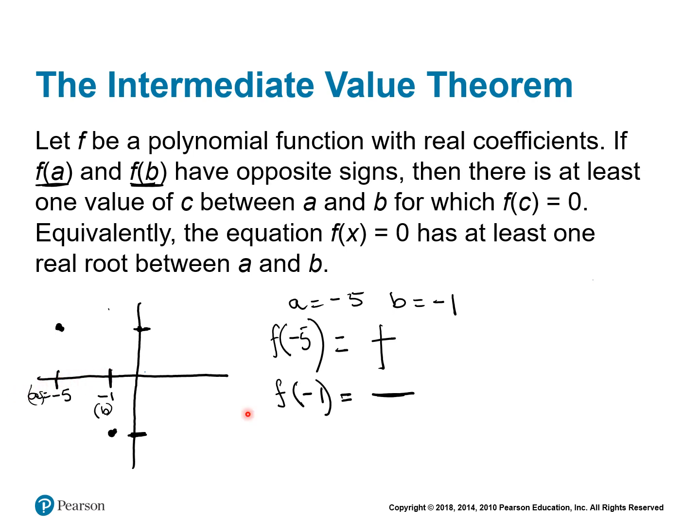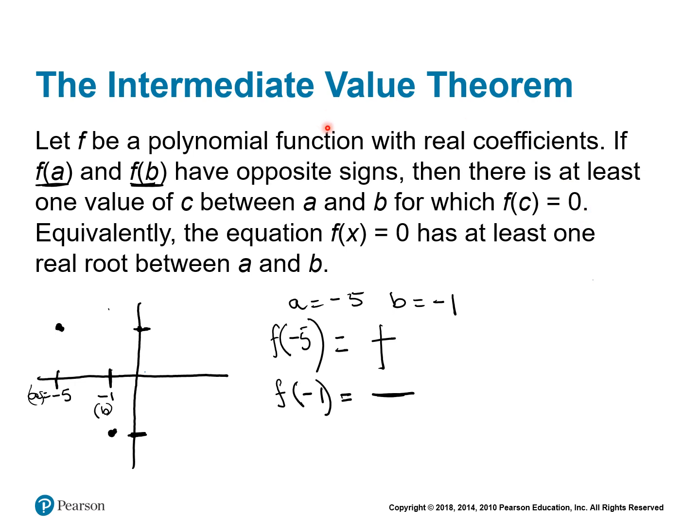Because think about it, a polynomial graph will always have continuity. So to connect from here to here, at some point it will have to cross the x-axis. So it will have at least one value of c between a and b for which f of c equals 0. F of c equal to 0 means it's an x-intercept, right? If the y value is 0, that means it's a point on the x-axis.